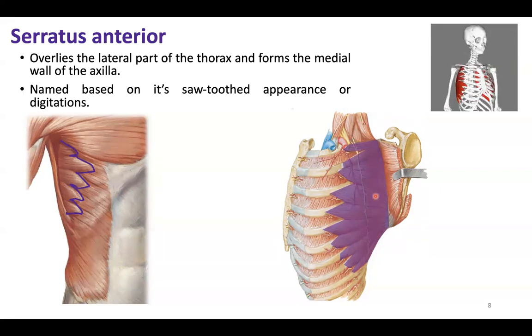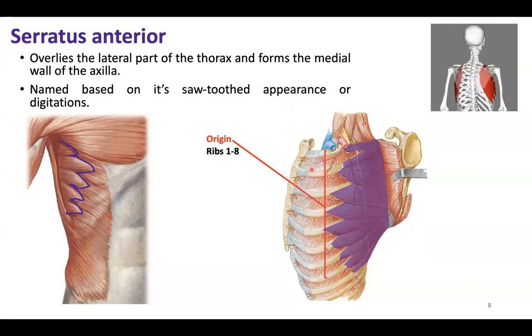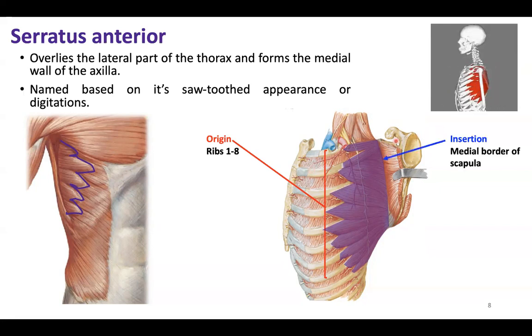And it forms the medial wall of the axilla. This muscle originates from the first 8 or 9 ribs, from rib 1 up to 8 or rib 1 up to 9, and it's inserted into the medial border of the scapula as you see here.